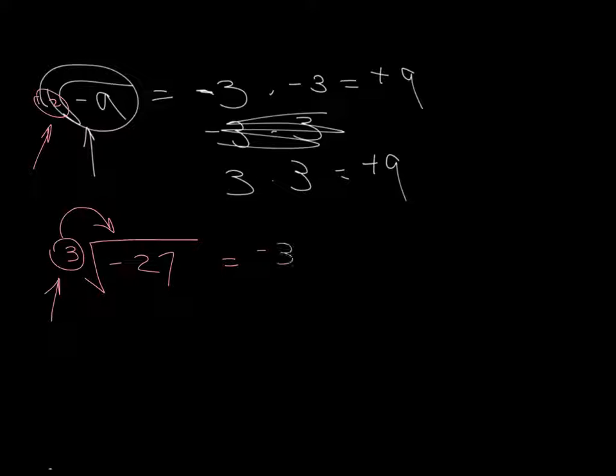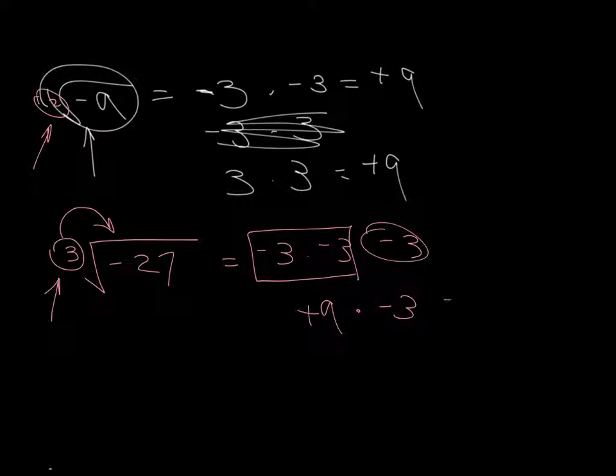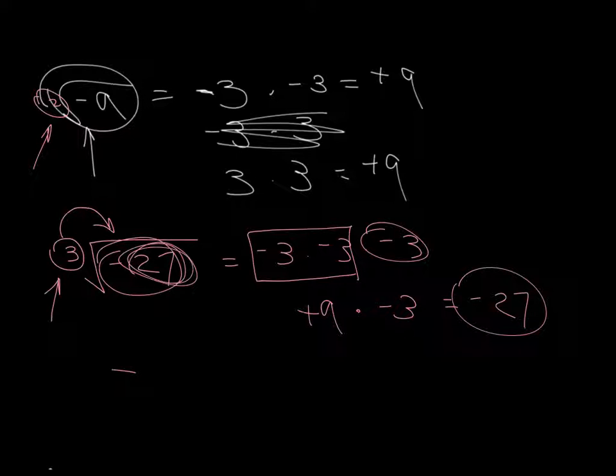Look what happens. Negative 3 times negative 3 is positive 9, times negative 3 is negative 27. So it works. So the cubed root of a negative number will be a negative number. Whatever number I can multiply by itself 3 times, put a negative in front of it, and that's my answer.